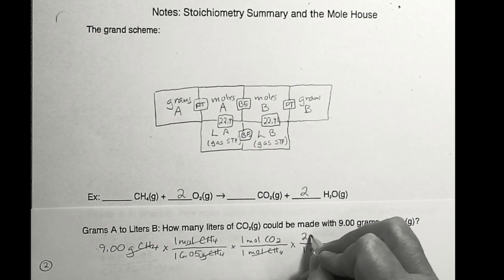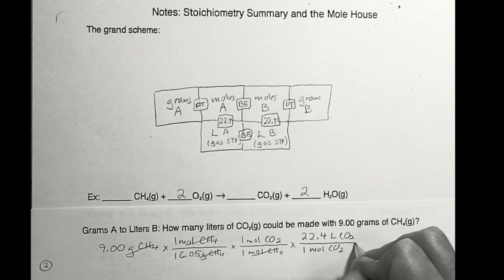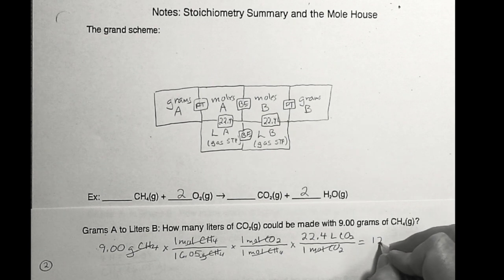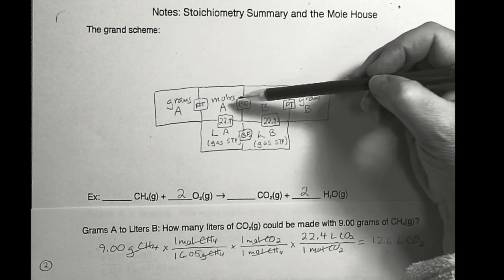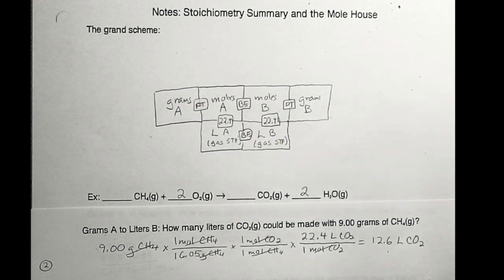But now I'm going to say 1 mole of CO2 is 22.4 liters of CO2, because that's true of any gas at STP. So now in my calculator, 9 divided by 16.05 times 22.4, I'll end up with 12.6 liters of CO2. So I've gone from grams to moles, moles to moles, moles to liters. If I'd gone grams to moles, moles to liters, liters to liters, it would work great too.